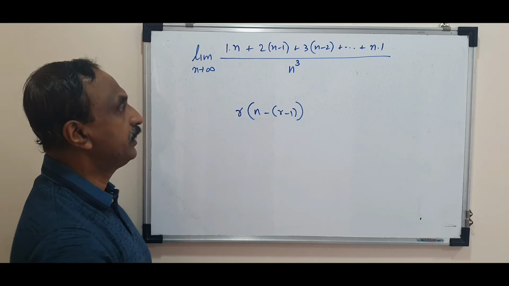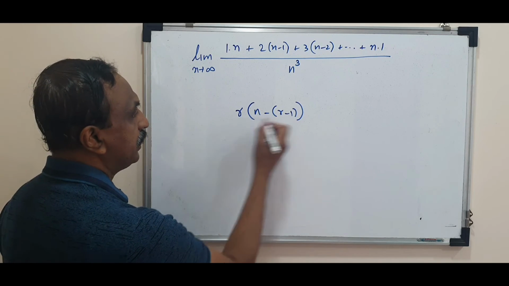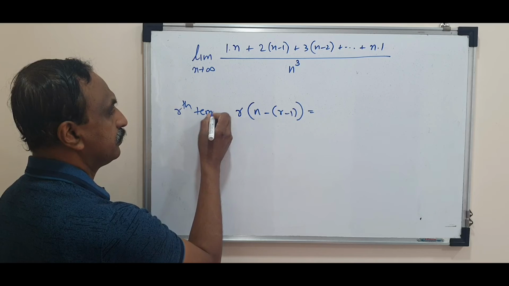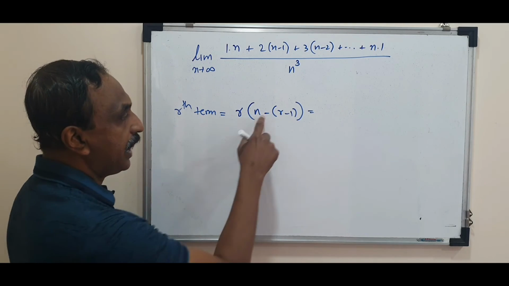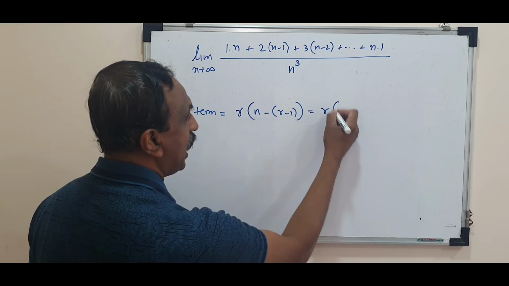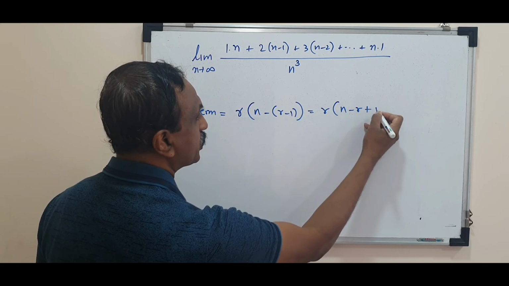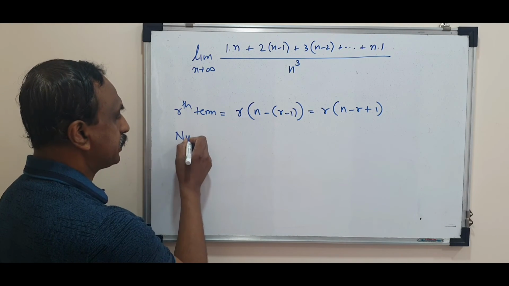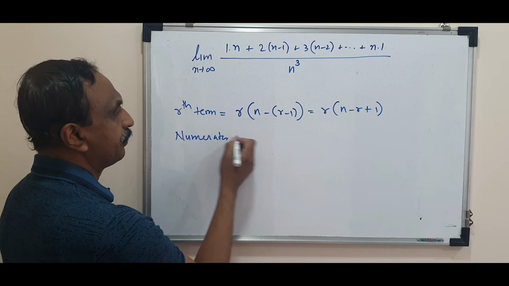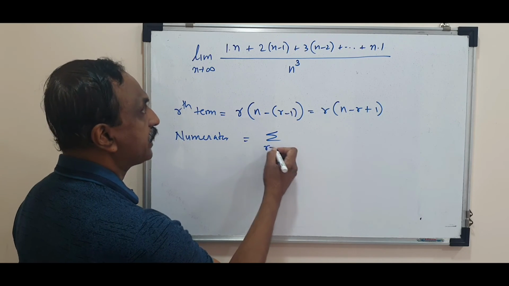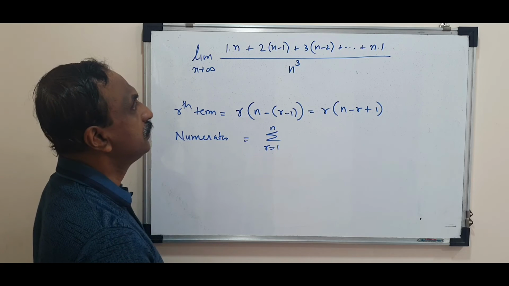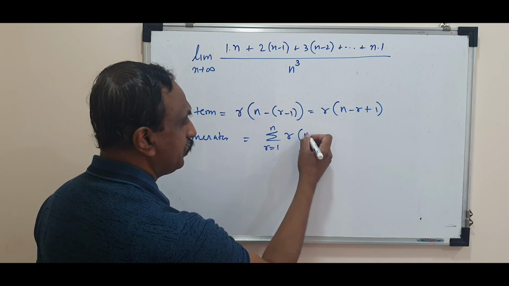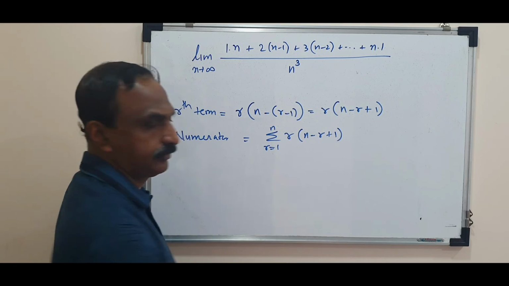I can write this way. So the rth term of the numerator is r into n minus (r minus 1), which can be written as r into n minus r plus 1. Now the numerator can be written as sigma r equal to 1 to n, r into n minus r plus 1.